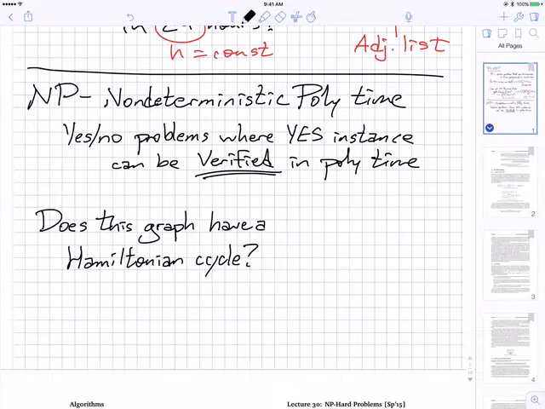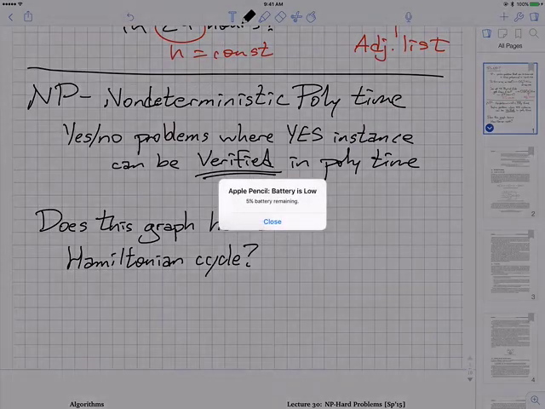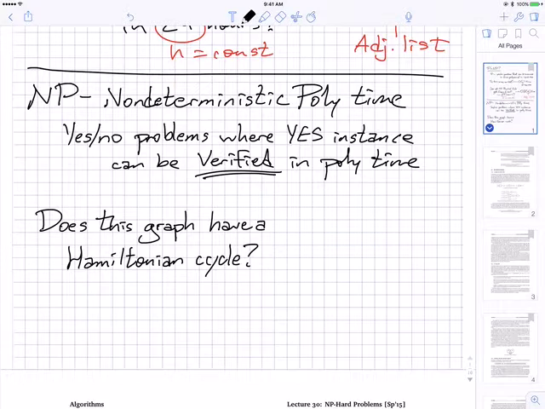A Hamiltonian cycle is a cycle that visits every vertex in the graph exactly once. Now, we don't know whether this problem is in P. We do not know whether there is a polynomial time algorithm which, given an arbitrary graph, can determine, 100% of the time correctly, whether or not that graph has a Hamiltonian cycle.